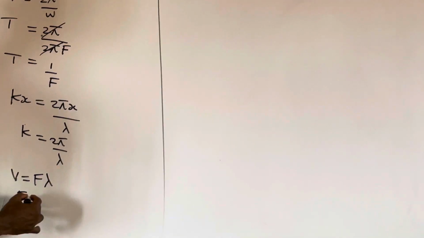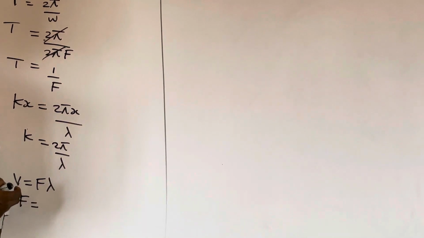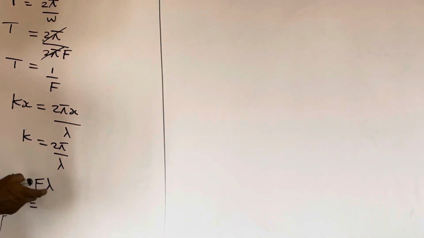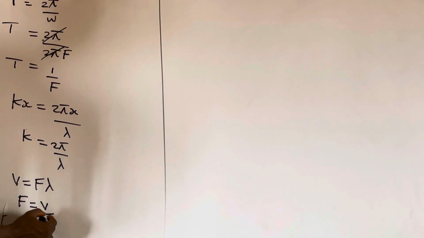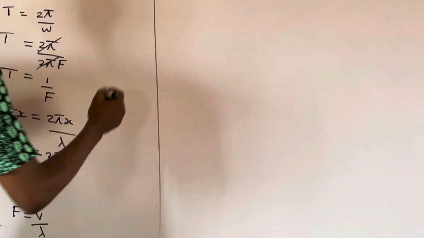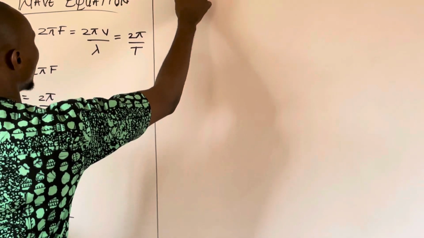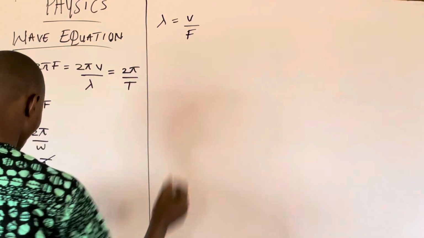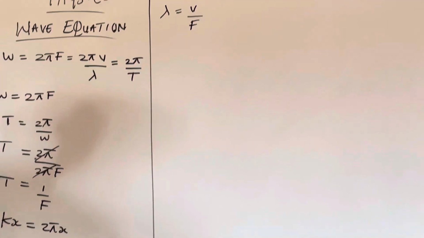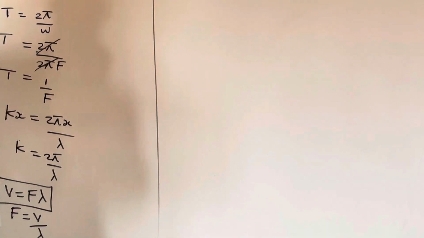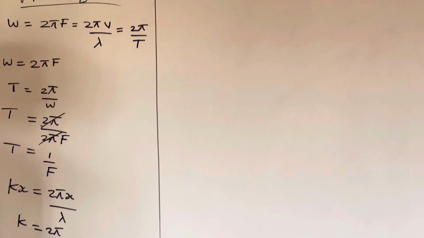And when you make f the subject of the formula, you divide both sides by lambda, and you have f equal to v over lambda. This also means that lambda is equal to v over f. All this stems from this. Did you understand that?